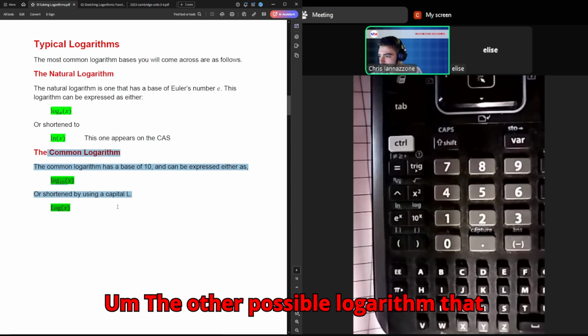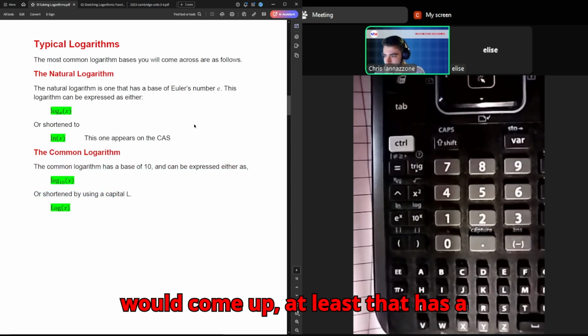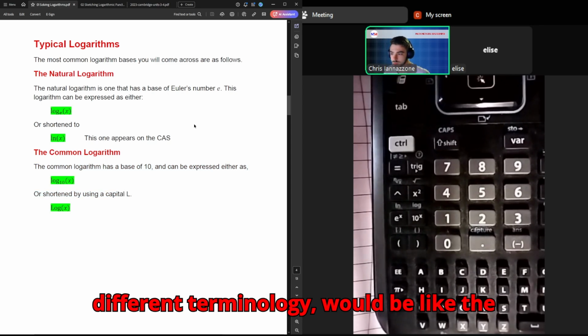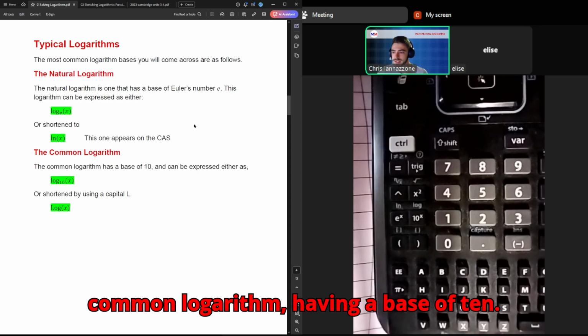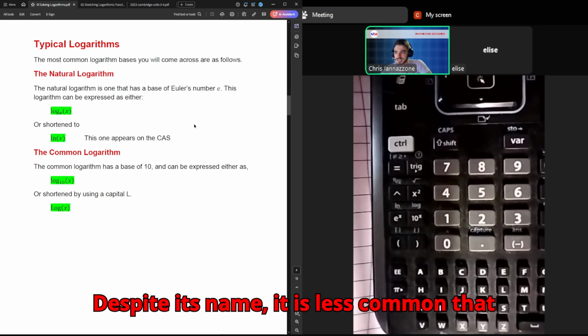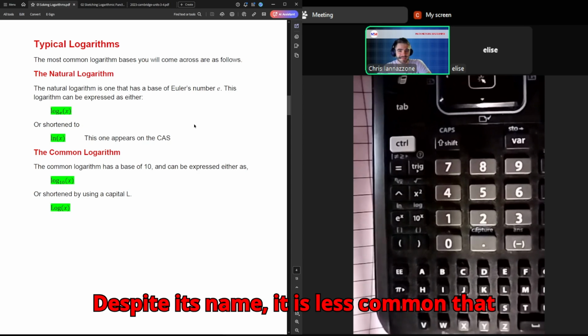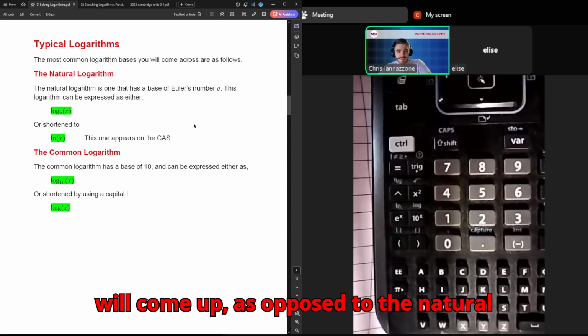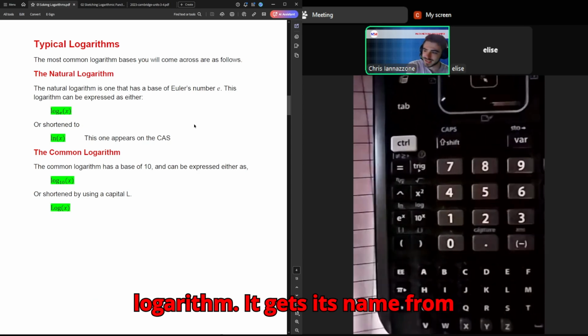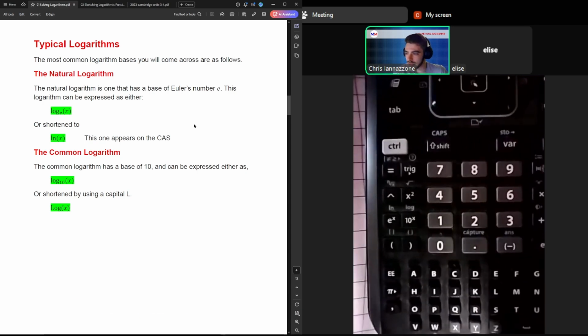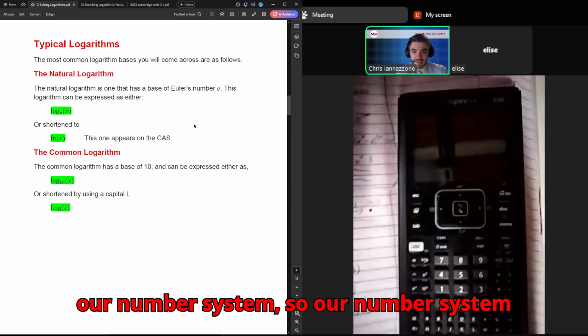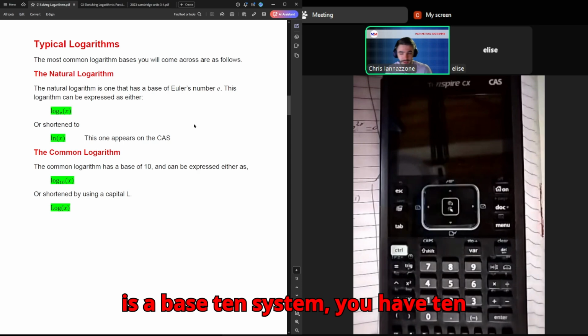The other possible logarithm that would come up, at least that has a different terminology, would be the common logarithm, having a base of 10. Despite its name, it is less common that it will come up as opposed to the natural logarithm. It gets its name from our number system. So our number system is a base 10 system. You have 10 digits.